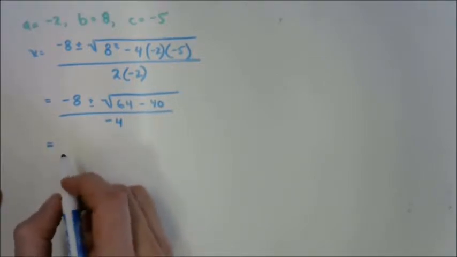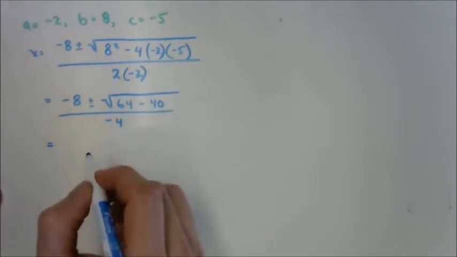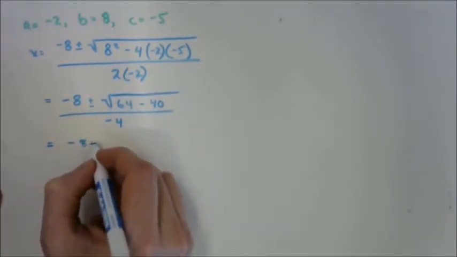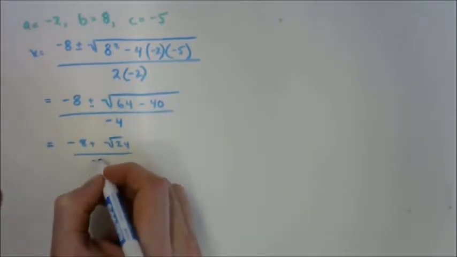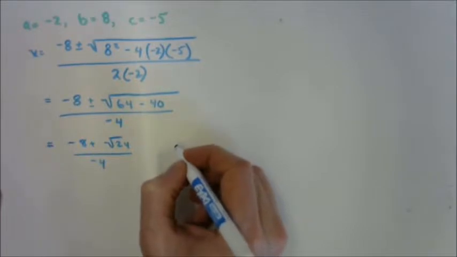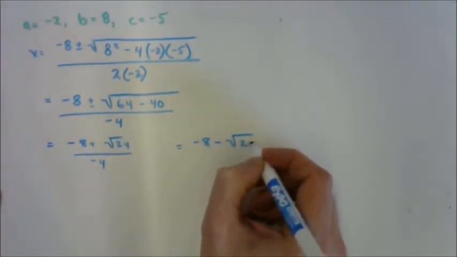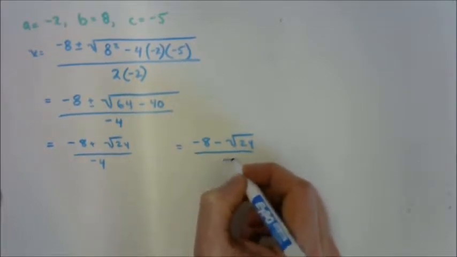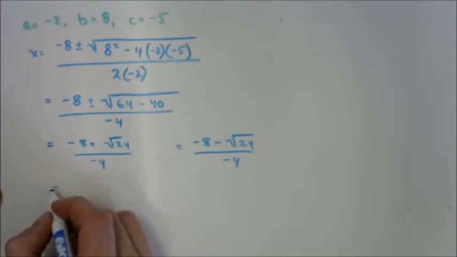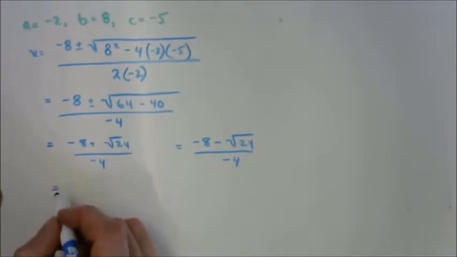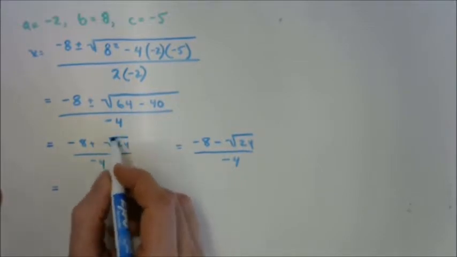And then we can split this into 2 things and simplify our radicand here. We've got negative 8 plus the square root of 24 over negative 4. And we have negative 8 minus the square root of 24 over negative 4. And we can work both of these down. Is this radical in simplest form?